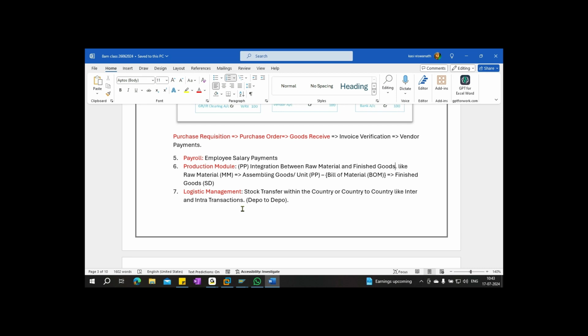In that PP, we maintain the BOM, bill of material. Using the BOM, the raw material is converted to finished goods.